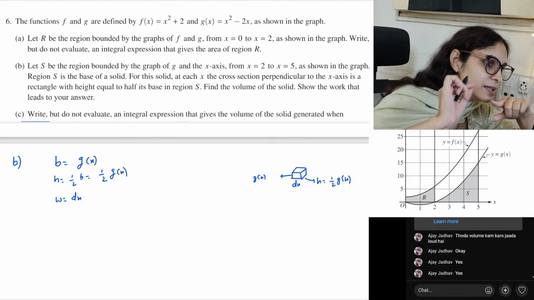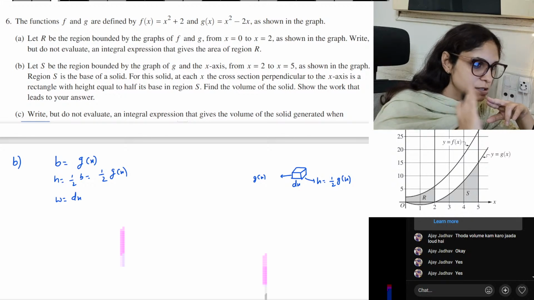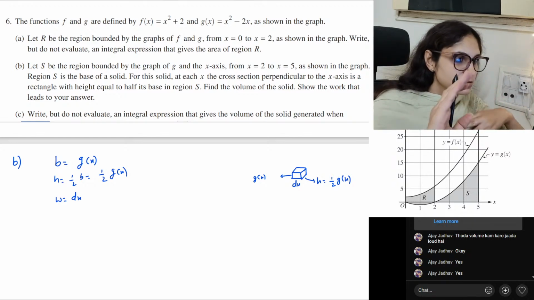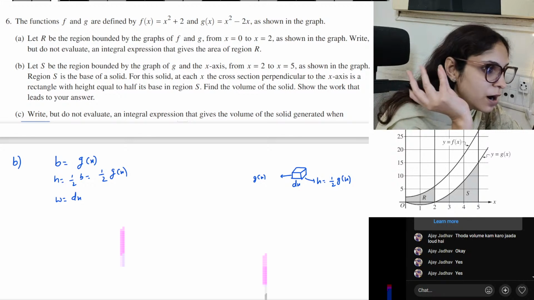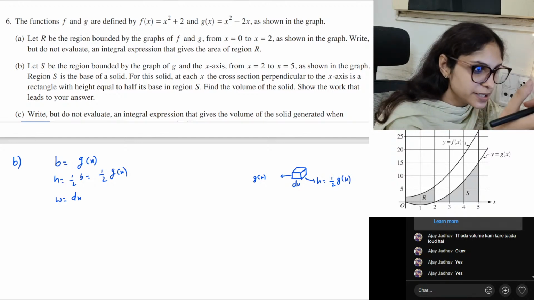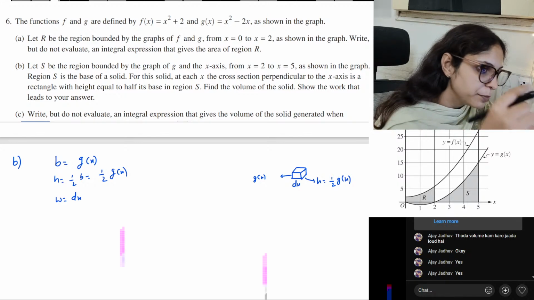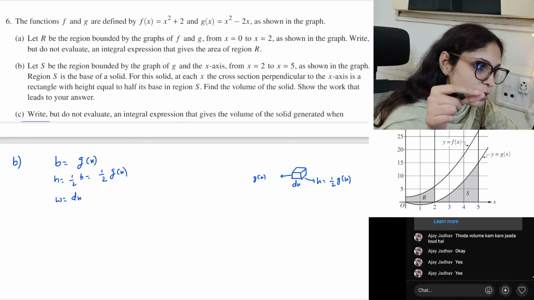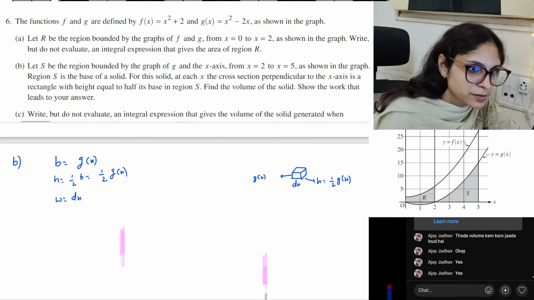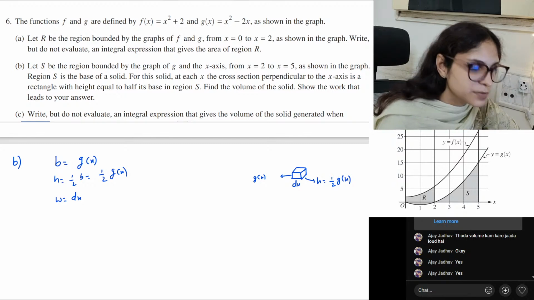and the height is perpendicular to S, or perpendicular to the x-axis, a rectangle with a height equal to half its base in region S. So it's a rectangle, right? You have g of x and there you have the rectangle. So dx and half of g of x. Got it? I hope you understand.